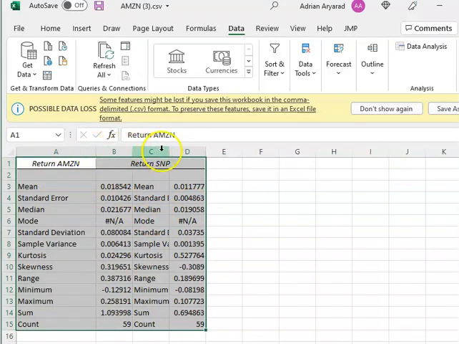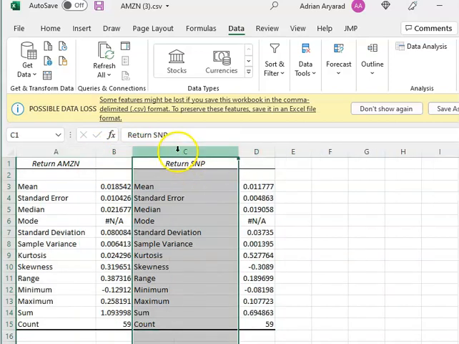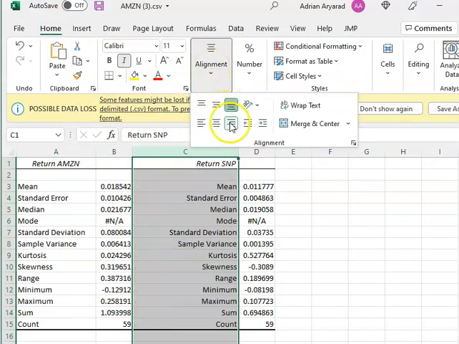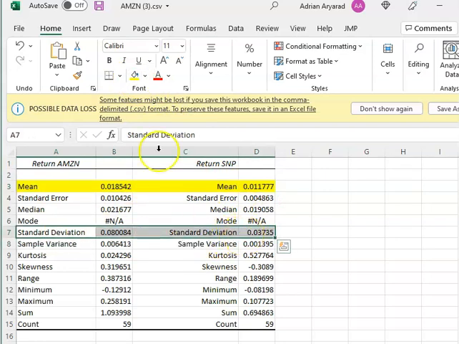And here is the average and the standard deviation. That's the average and the standard deviation of returns of Amazon and S&P 500.